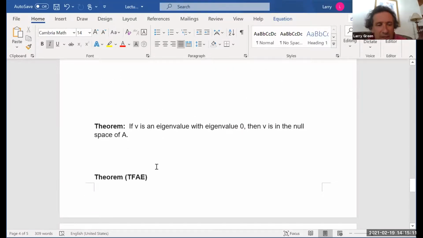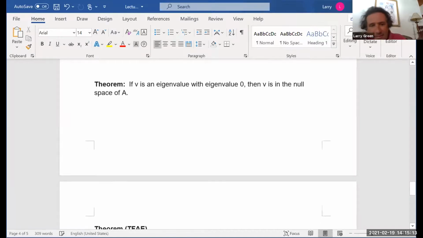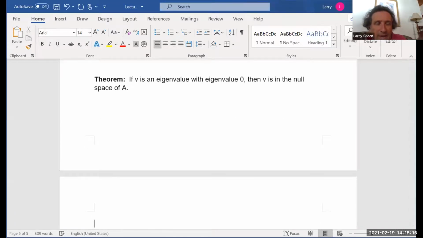Okay, so here's another theorem. If v is a vector with eigenvalue 0, then v is in the null space of A. Why is that true?